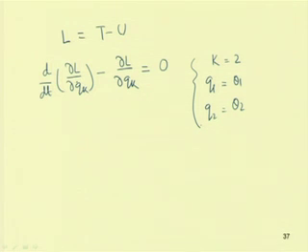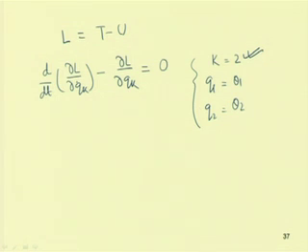So, in case of the double pendulum, k becomes 2 and q1 is theta 1 and q2 equal to theta 2. So, we can obtain two equations of motion in this case. First we will take q1 and find the equation of motion, and second we will find the equation of motion using q2 equal to theta 2.